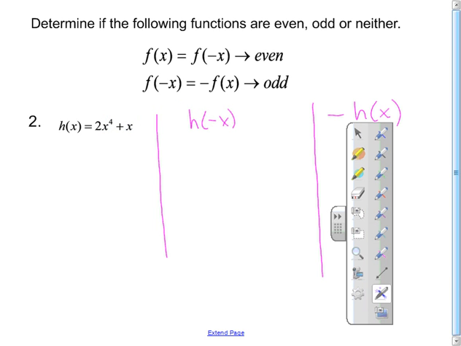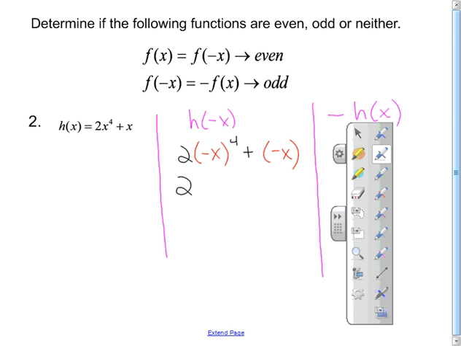That is going to give us 2 times negative x to the fourth plus negative x. I'll simplify that starting with my exponent first and then do my multiply after that. So I'll pull down my 2, and then I'm going to get negative x to the fourth.